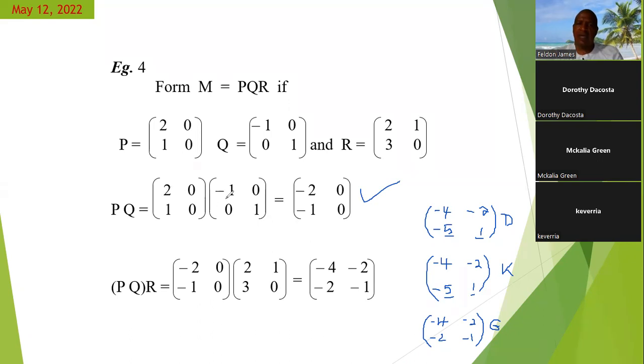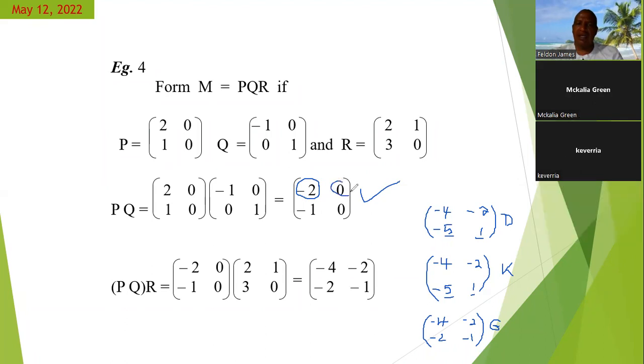We have 2 times -1, and 0 times 0. When we add -2 plus 0, we get -2. So this one is correct. For this one over here, 2 times 0 gives us 0, 0 times 1 gives us 0. So this is correct.